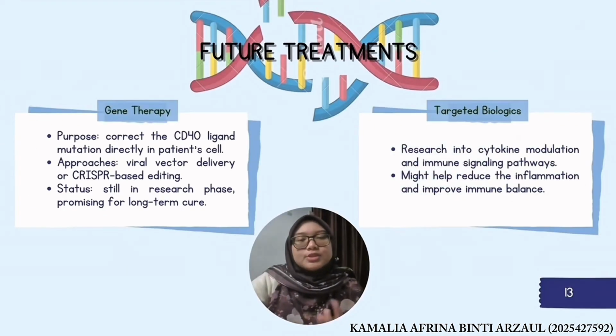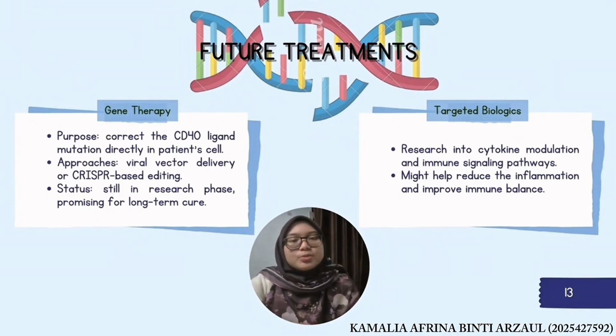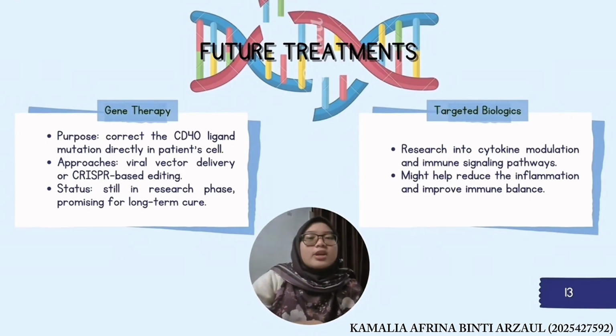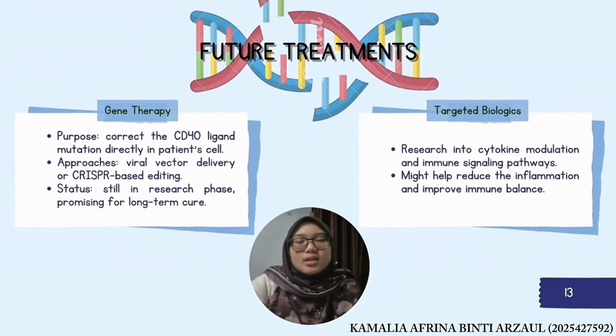For future treatments for XHIGM, there are currently 2 therapies which are still in the experimental and research phase. The first one is gene therapy. The purpose is to correct the CD40 ligand mutation directly in patient cells. The approach is via viral vector delivery or CRISPR-based editing.